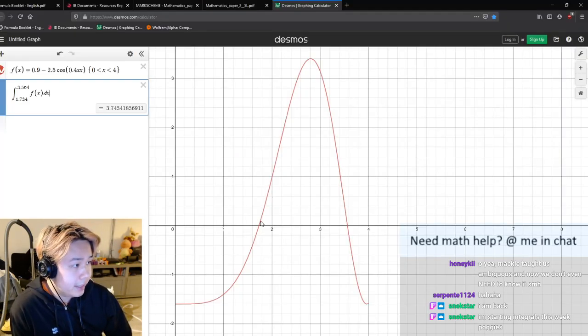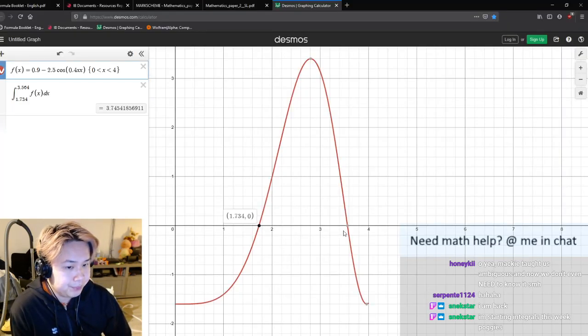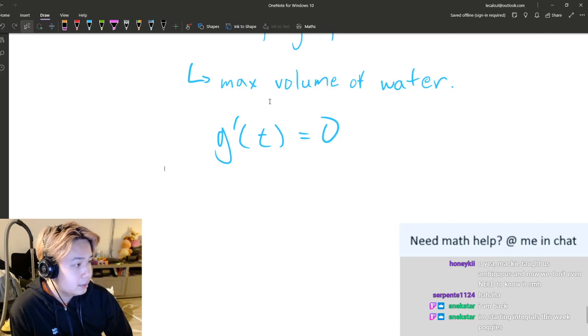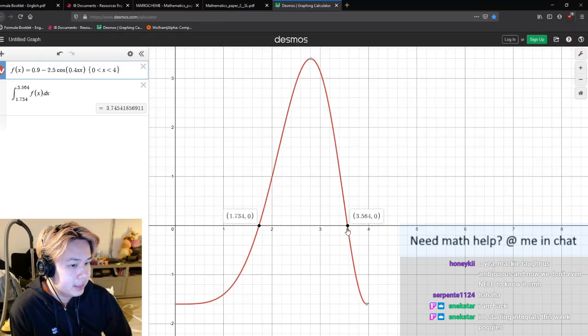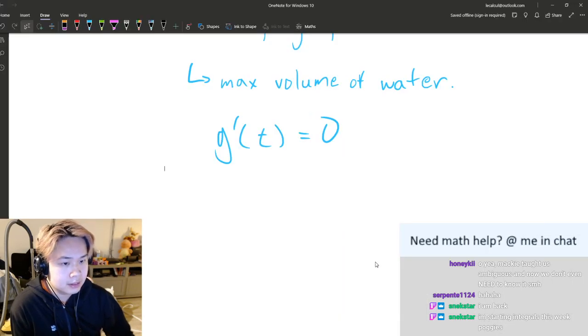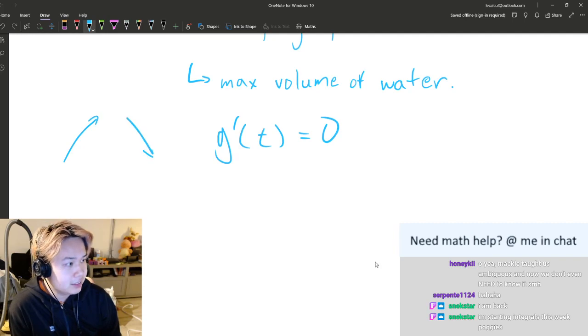Okay, so I have two critical points right here. And you can see from a visual first derivative test, my maximum volume of water is going to happen at this one, 3.564, because the derivative is positive before the critical point and then negative afterwards. So by first derivative test, it goes increasing and then decreasing. So this is a max.